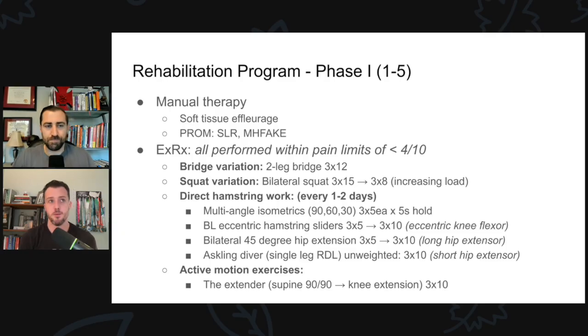Yeah, and one thing I was thinking with that protocol is I think their protocol is a very good kind of generic hamstring strengthening where you're hitting it from all these different ways. So like the knee flexed one and then the short and long hip.